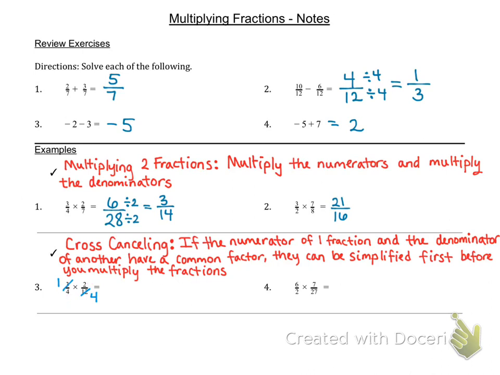So 2 divided by 2 is 1, and 4 divided by 2 is 2. Now I have the fractions 1/2 times 1/4. Now I can multiply across the top and the bottom. 1 times 1 is 1, and 2 times 4 is 8.